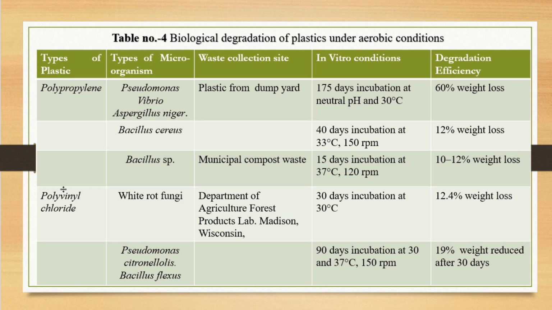When polyvinyl chloride plastic waste is treated with white rot fungi and this type of bacteria, and they kept the waste for 30 days incubation at 30 degrees Celsius and 90 days incubation at 30 degrees Celsius at 150 RPM, the result is 12.04% weight loss and 19% weight reduced after 30 days.